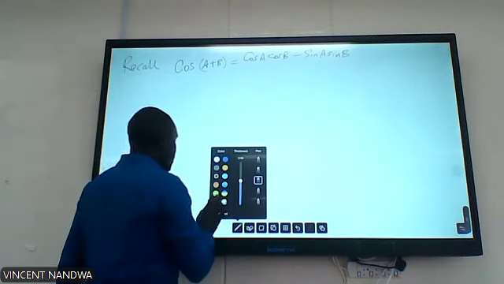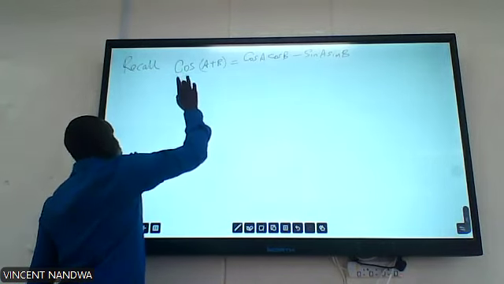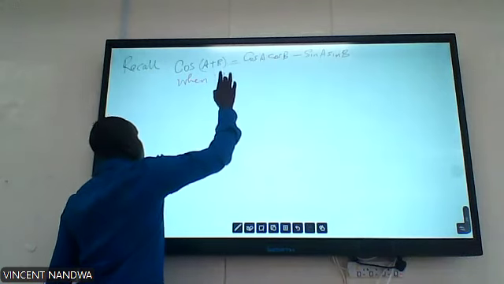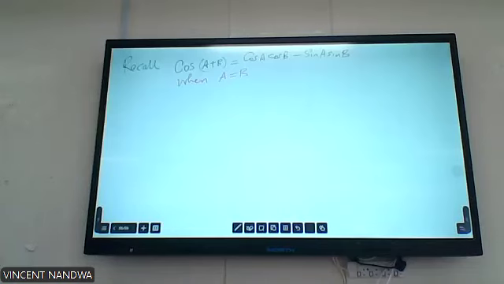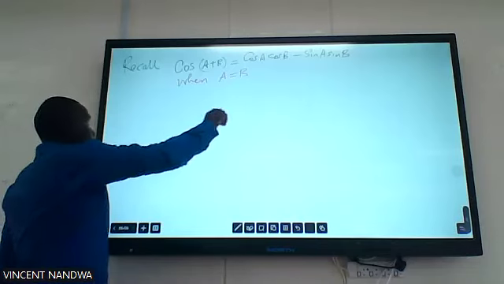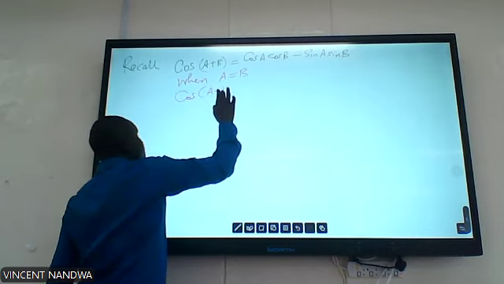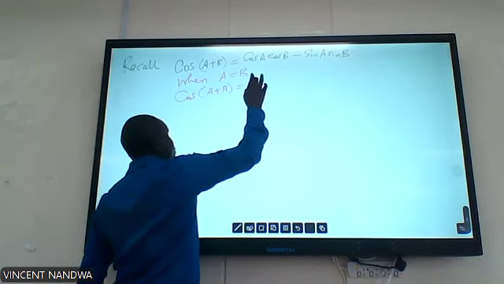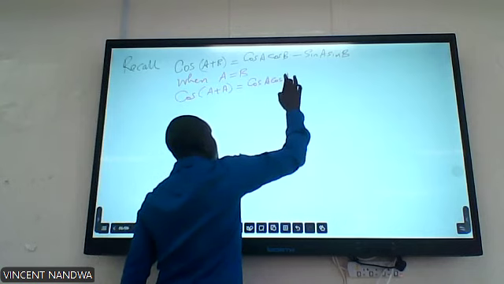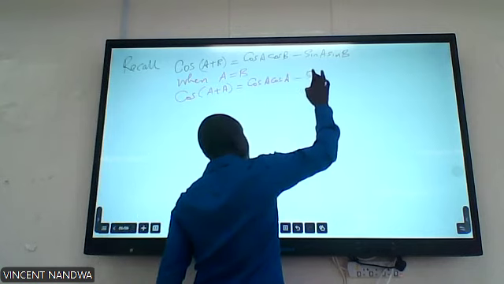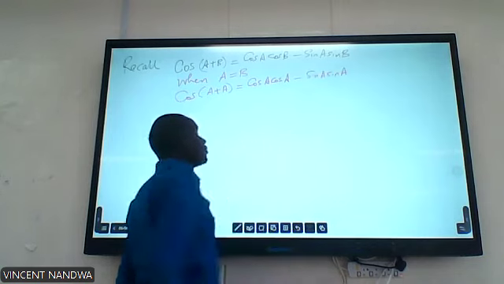So I want us to see how we get the same relation when A equals B. So when A equals B, we'll have cos of A plus A will be cos A cos A minus sine A sine A. Because the value will be the same.